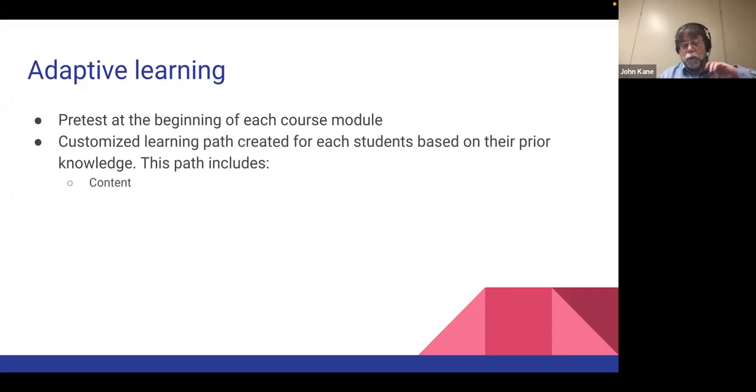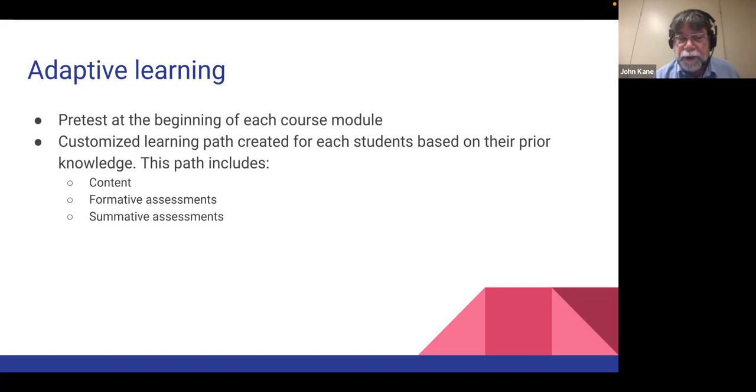Once this path is determined for the student, it will contain the content, the basic components from the textbook that students need to read, formative assessments that help students develop their understanding and practice the concepts as they're working through the material, and also summative assessments after they've concluded that will provide them and the instructor with feedback on how well the student has mastered the material.